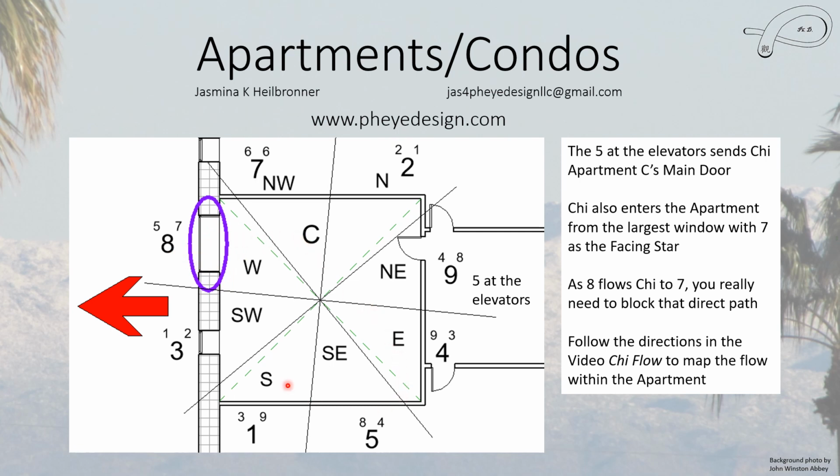And that can affect different areas. It will make this a good area, the northwest, because these are both metal. It'll make this a good area because this is metal, produces water. It won't give anything to the door, so that's good. It will keep energy from leaking out whenever you open up the door, even if you don't have a screen.